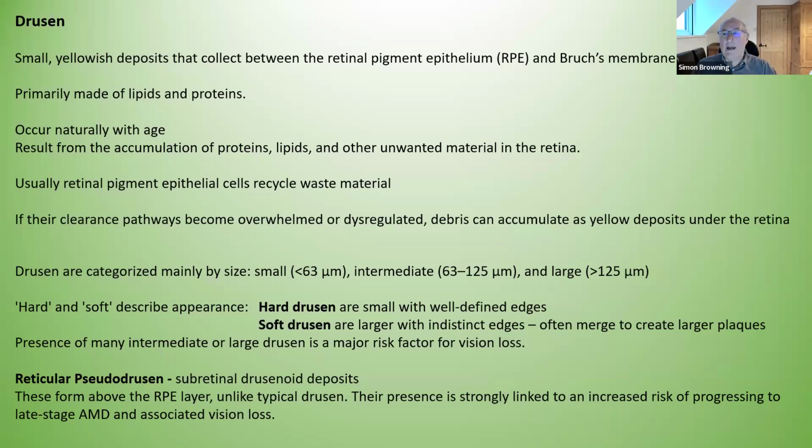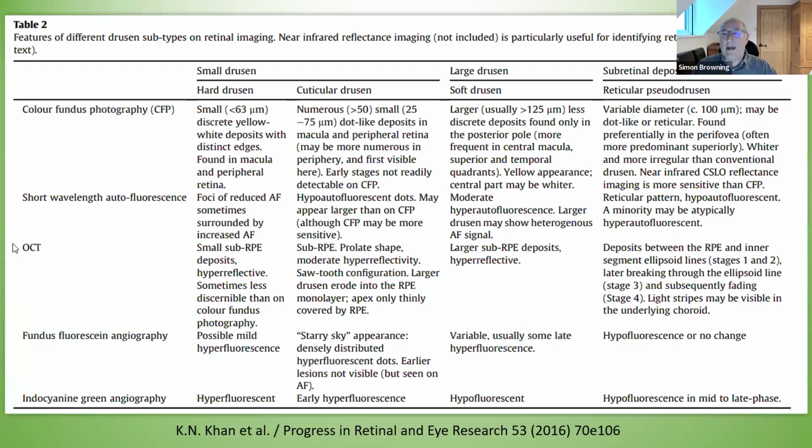Now, I do not intend to go through this table here tonight. You'll probably be very, very pleased to hear. But this is obviously there for you to go back and look at in the recording. This is a lovely table from a paper produced by Carm et al. back in 2016.